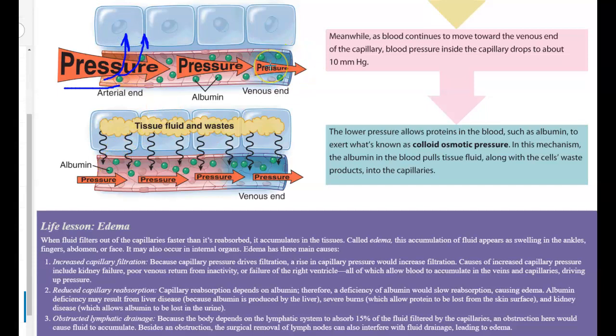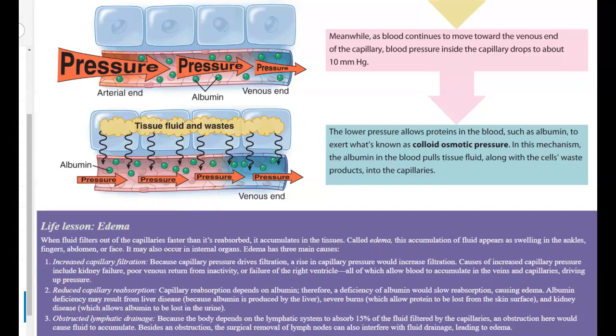As the blood pressure drops over the capillary, there is less push out, so the pull back in becomes the greater force, and that's what draws the fluid back in. Very confusing. Pressure going out is blood pressure. The pull going back into the capillary is colloid osmotic pressure due to the presence of albumins or proteins in your blood.